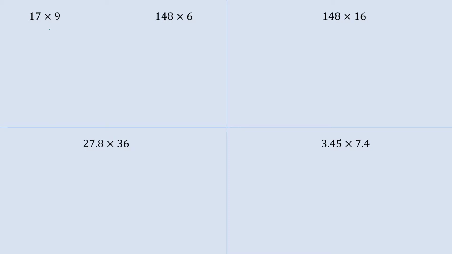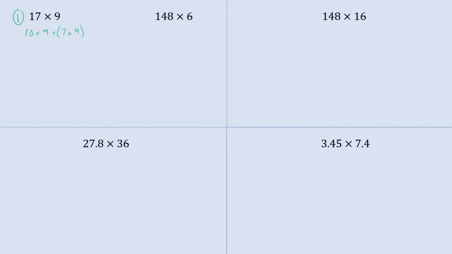So starting with the thing right at the very top, this one right over here. For something like this, I wouldn't actually personally use a written method. I would look to chunk it up into two different things, because to do 17 times by 9 would be the same as me doing 10 times 9 plus 7 times 9.